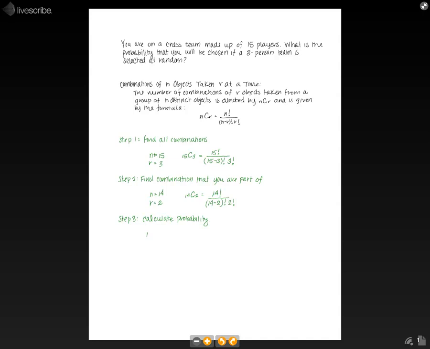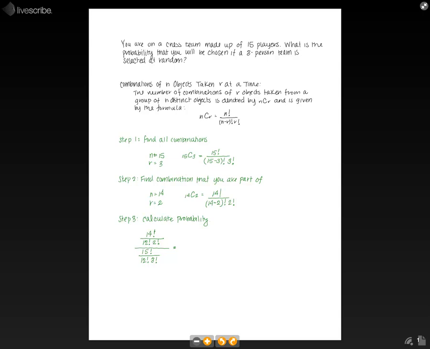So we're going to have 14 factorial over, let's simplify this to 12 factorial, 2 factorial, all of that over 15 factorial over, let's simplify this to 12 factorial, 3 factorial.